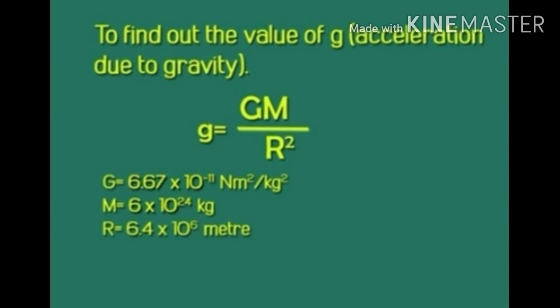The mass of the Earth, M, is 6 × 10^24 kg, and the radius of the Earth, R, is 6.4 × 10^6 m. We put these values into the equation g = G M / R² and substitute.